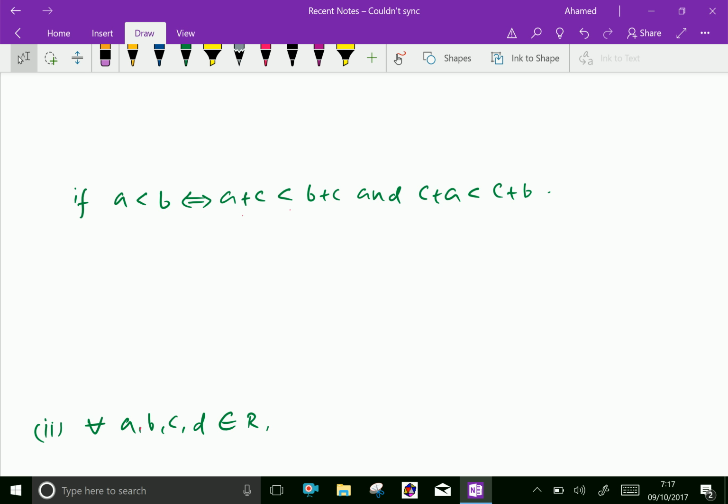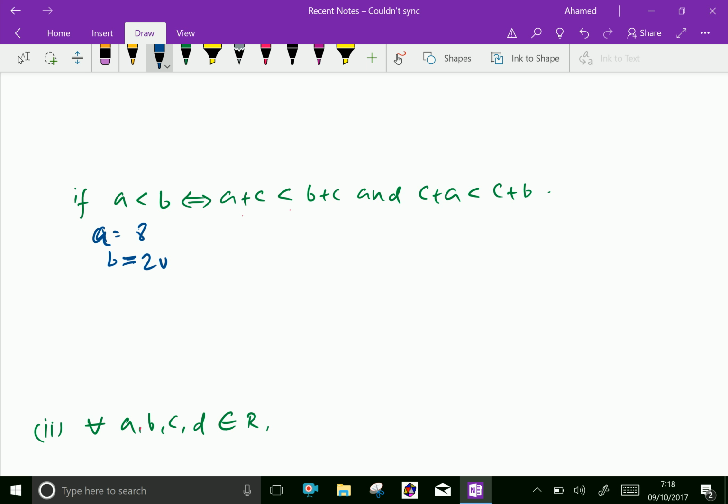Sorry, we have to take A is lesser. Suppose A is 8, B is 20 and C is 2.